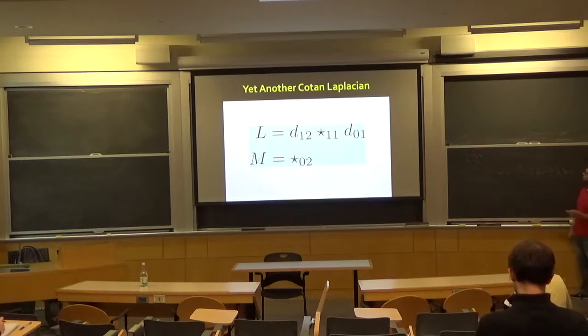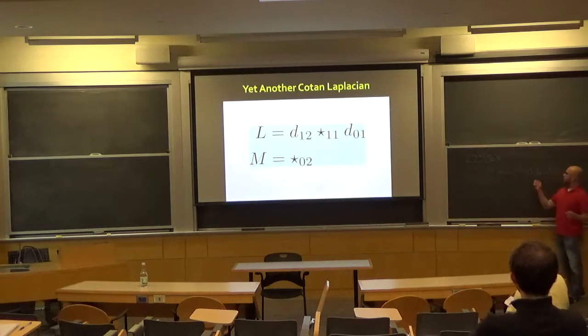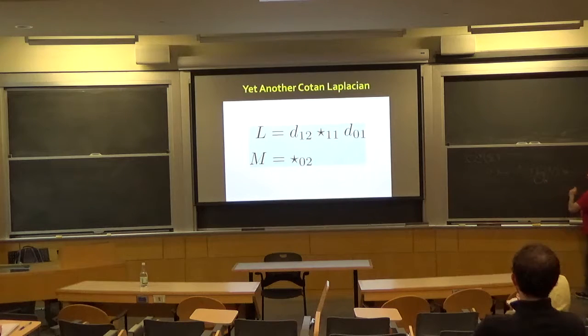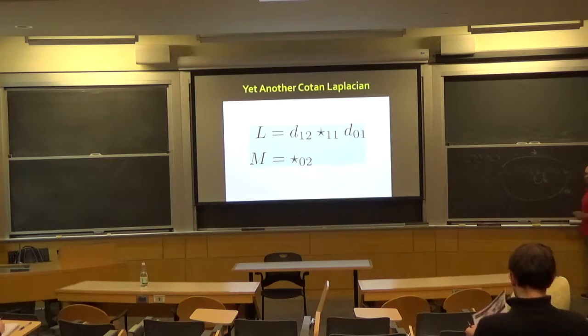In this case, if I took the star of a 1 form on a surface, sigma, what do I get? I get a 1 form. If I take the star of a 0 form, I get a 2 form. If I take the star of a 2 form, I get a 0 form.